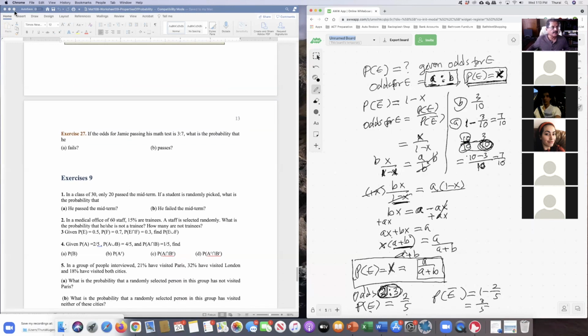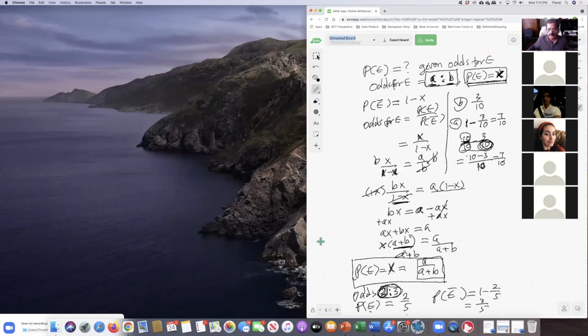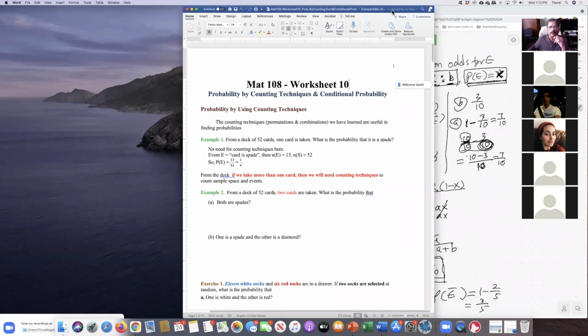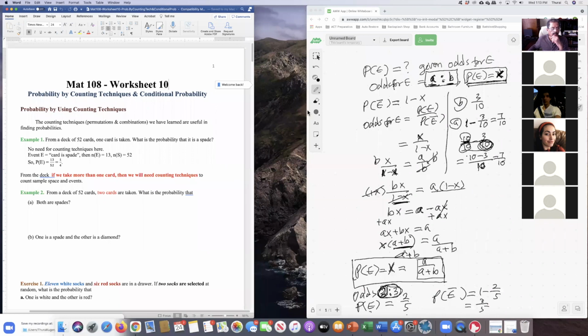All right, so that finishes that. I'm going to close that and go over to the next one, which is worksheet 10. We need to learn to apply counting techniques.